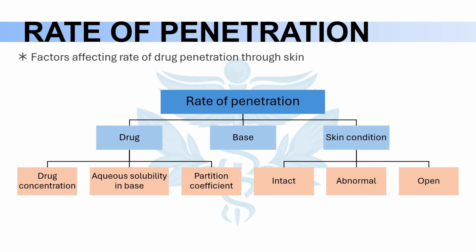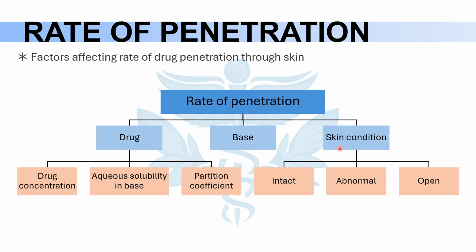This is a summary of what we just discussed. We said that the rate of penetration of the drug depends on the drug itself. It also depends on the base and on the skin condition. Under the drug's properties: concentration, aqueous solubility in the base, and partition coefficient. With the base, we said that it must be of different nature to the drug so that partitioning can happen.